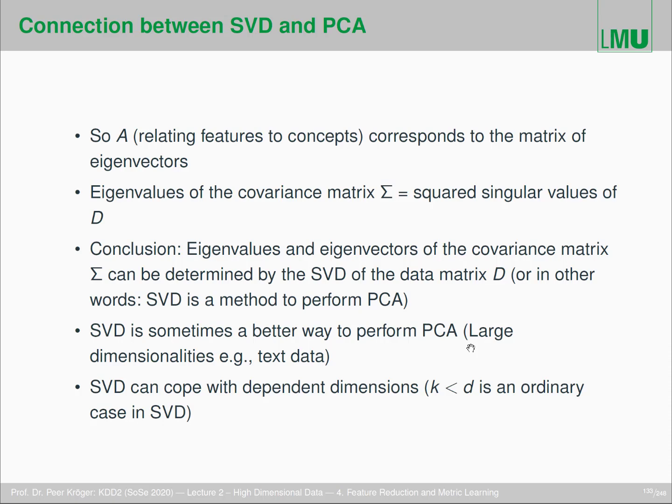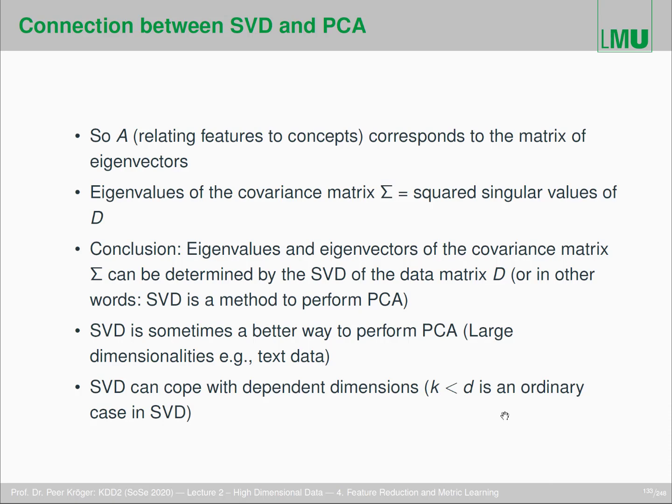Also, SVD can cope with dependent dimensions. We are not looking at D originally, but in SVD at the rank of the data matrix. So any K which is not D, especially if it's smaller than D, is no problem for SVD. That's the normal case.